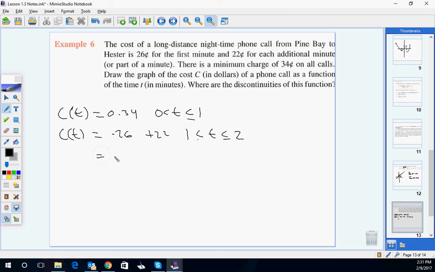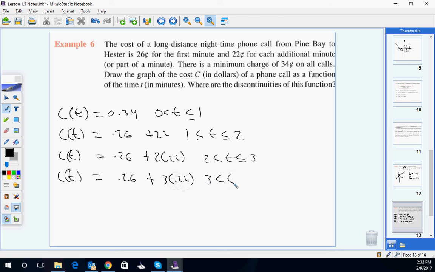Then it goes 26 plus 2 times 22 for 2 less than t less than or equal to 3. Okay, and it keeps going like that, etc.